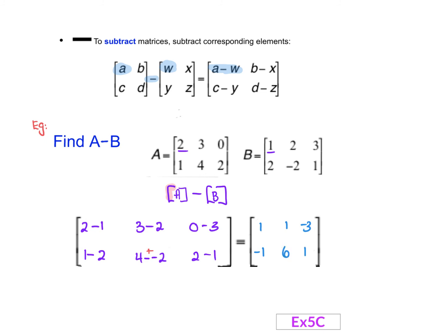Okay? So you simply do them. They're pretty easy to do quickly in your head. You don't need to type it in the calculator. When you might pop it in the calculator is, say, I have a matrix and you might end up with fractions.